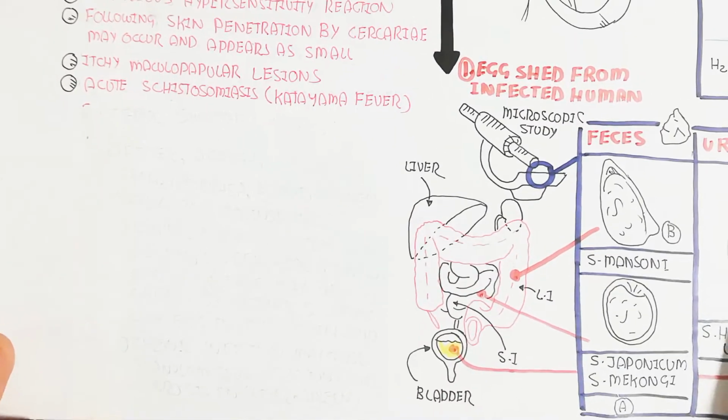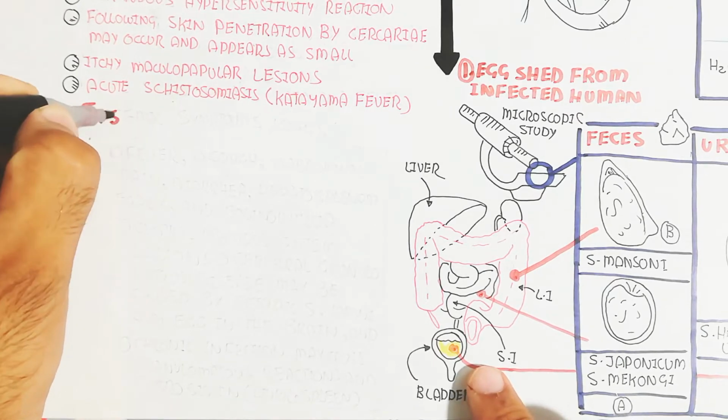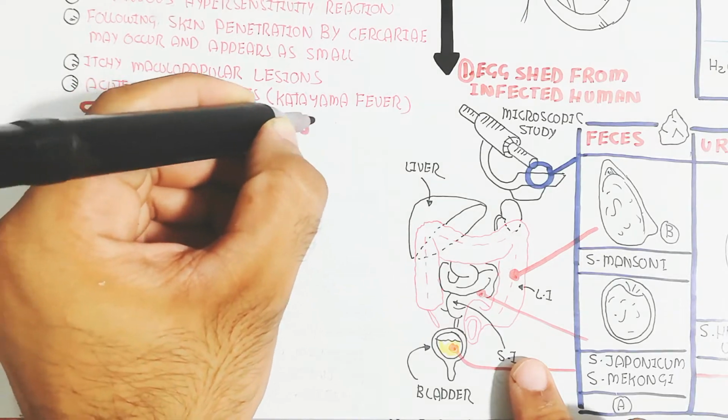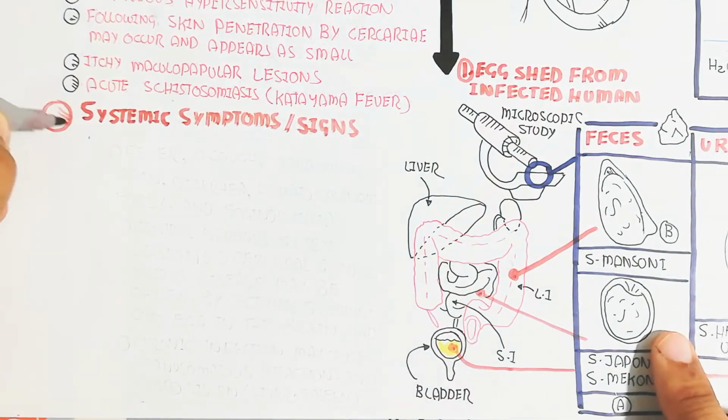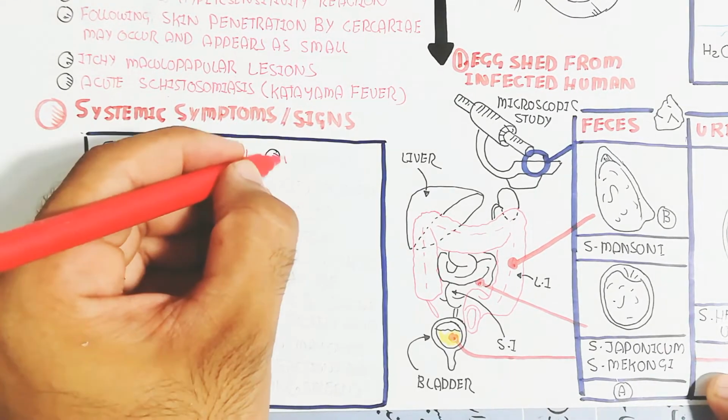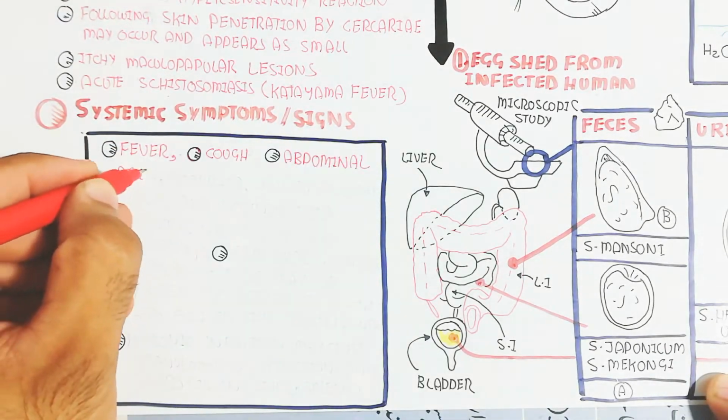And the systemic symptoms and signs we can quote here. So here is the fever and the cough, abdominal pain, diarrhea. Basically, these are the systemic symptoms.